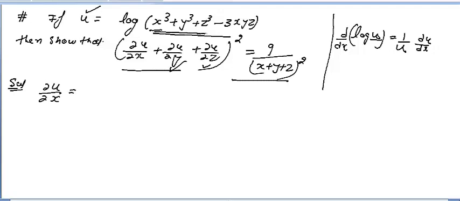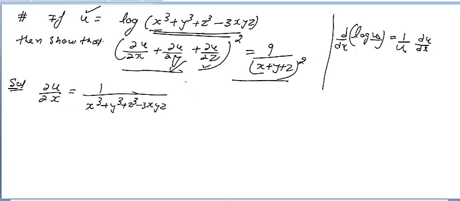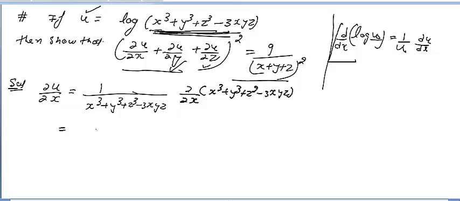So log u, this is a u, 1 over u, x cube plus y cube plus z cube minus 3xyz, and derivative of, now this is the partial derivative. So derivative of u again, you are differentiating with respect to x. Now you don't think it is a u, this is just a formula. u is any function, the derivative of this thing again, x cube plus y cube plus z cube minus 3xyz.